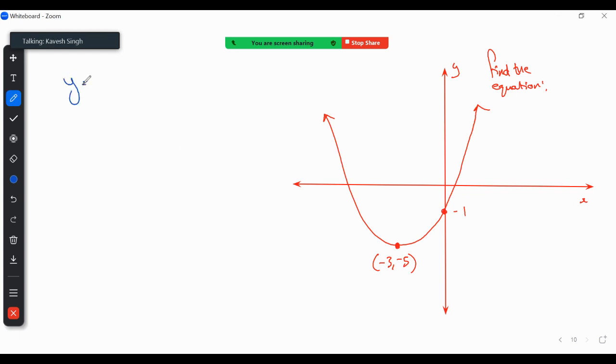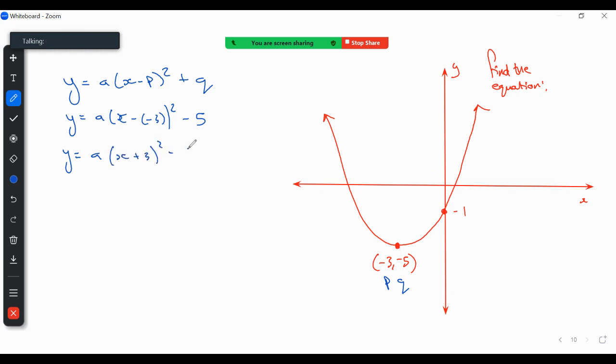So firstly, I'm going to write the turning point form for this particular question. And I can see that that's my P and my Q. So it'll be x minus 3 squared minus 5. And that's x plus 3, making my turning point that.